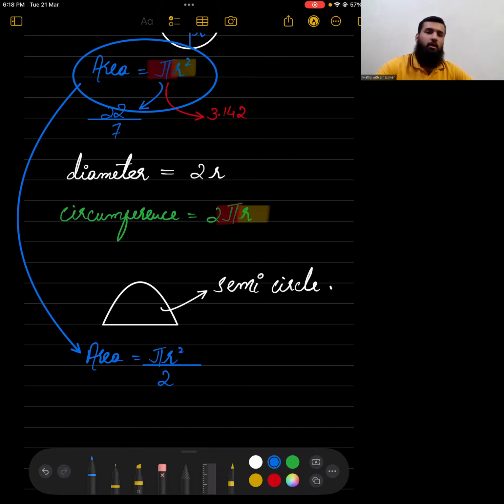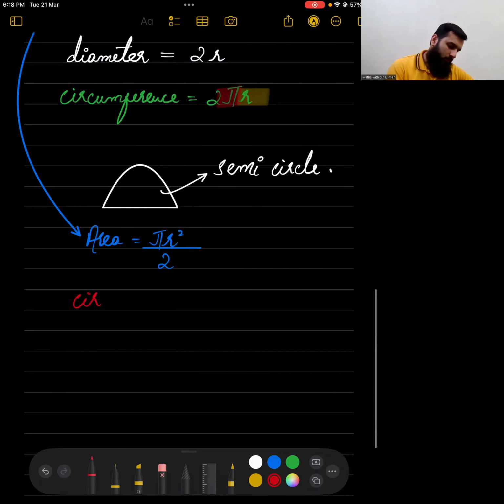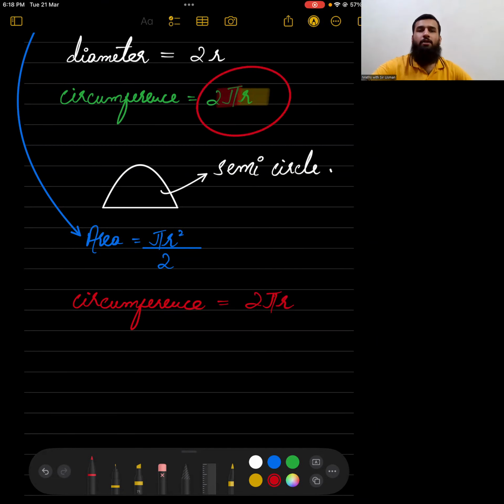Now, the circumference is also going to be half of what it usually was. It usually was 2 pi r for an entire circle. If you are taking half of a circle, you would divide that circumference by 2, and you'll only be left with the value of pi and r.